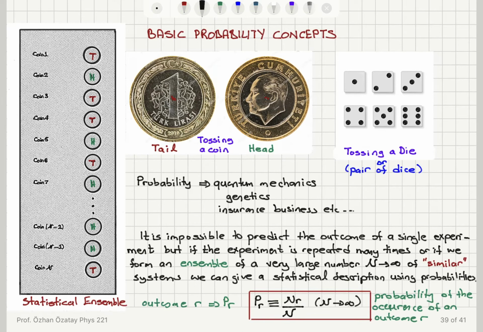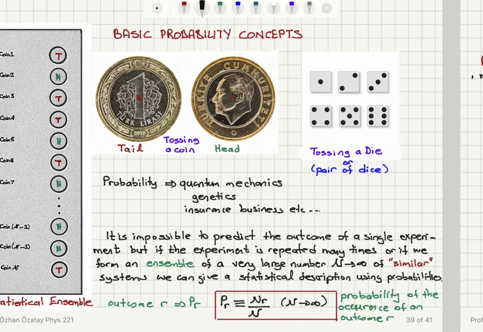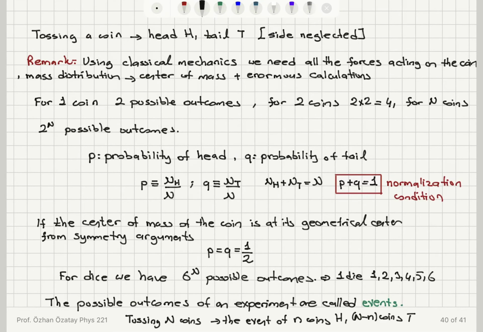We define the probability of an outcome as the number of occurrences of that event divided by the total number of systems in the ensemble, and theoretically this number should be very large, almost infinite. And the outcomes that we observe, getting a head, getting a tail, when you're tossing a die, getting a 1, 2, 3, 4, 5, 6, etc., these are all called events.